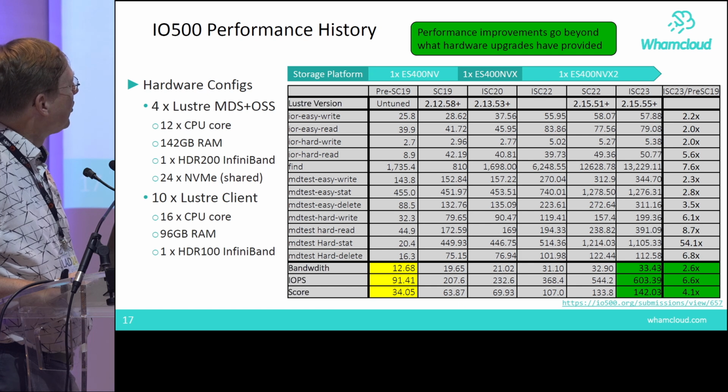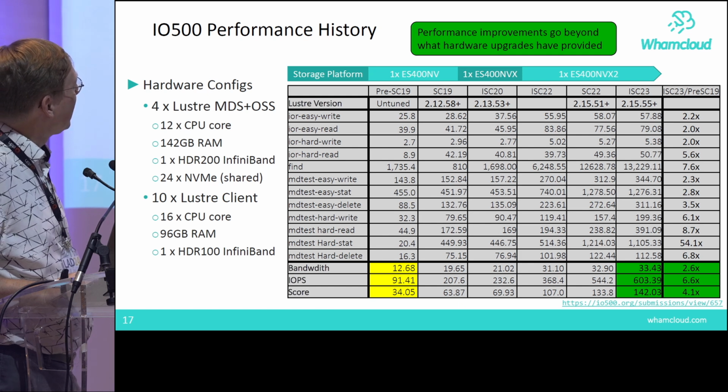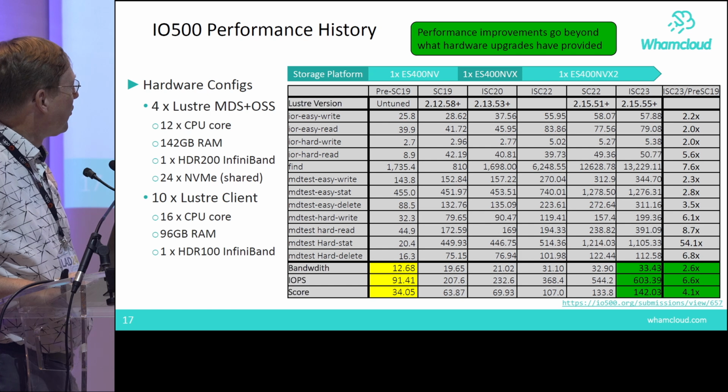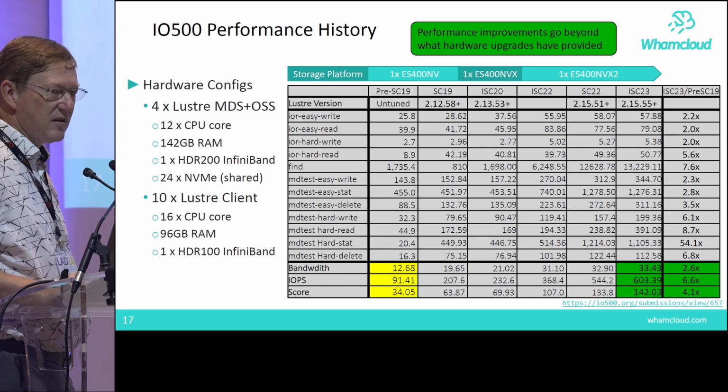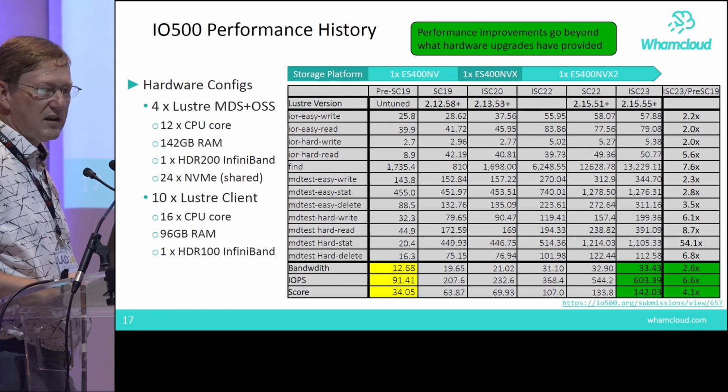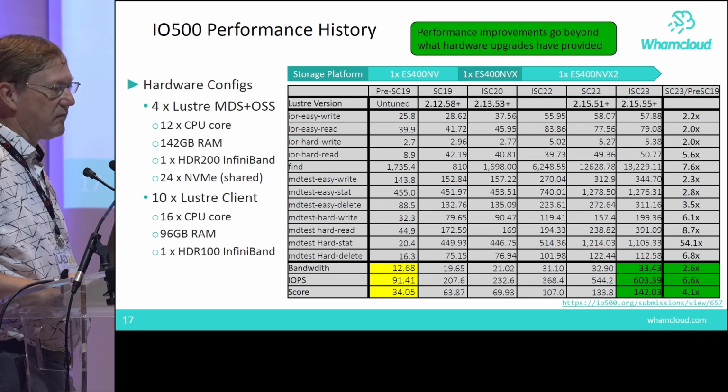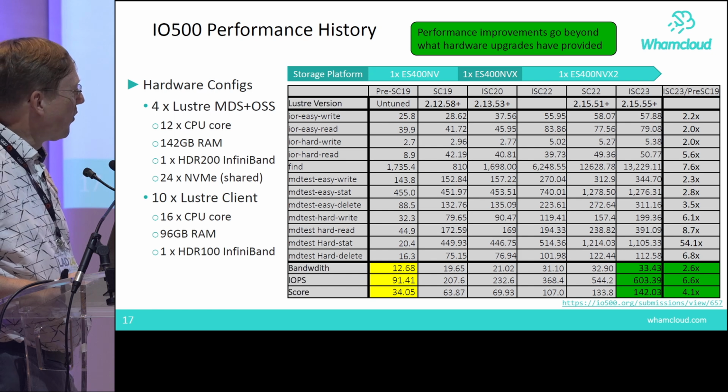Other performance improvements, I will talk about LMR in a minute. This is just a nice slide that I stole from Shuichi that talks about what we've done to improve the IO500 benchmark over the years. And you can see we've actually improved performance quite significantly.